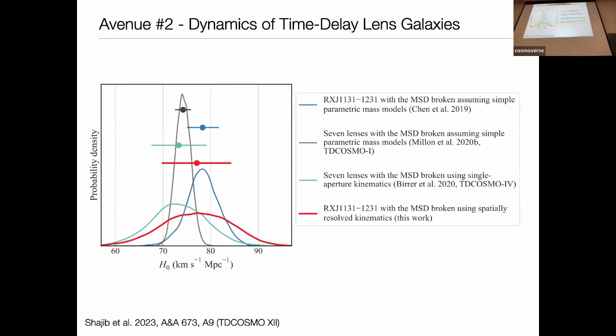So now you have this point, which is our H0 for 7 lenses and composite model, so not assuming the lambda degeneracy. This is now the one object I just showed you, also with a simple model. And that's what you get.